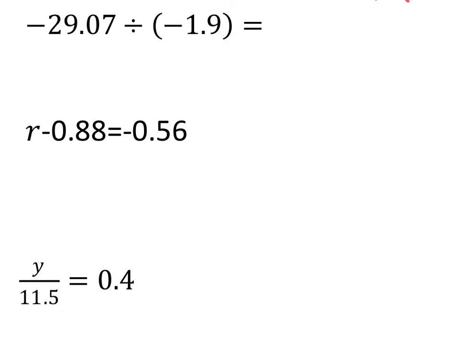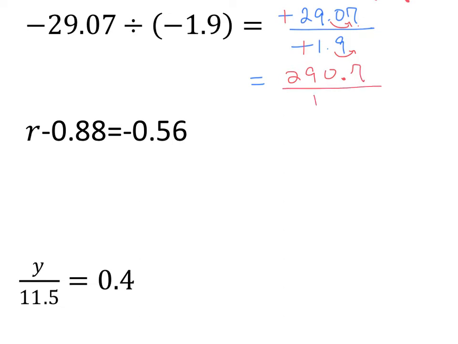For the next one, we can rewrite it as negative 29.07 over negative 1.9. Negative negative makes positive, and I could also shift the decimal 1 place to the right. So 290.7 over 19.